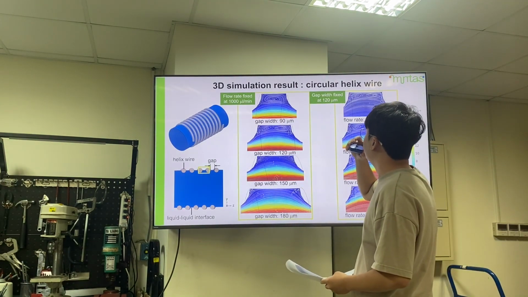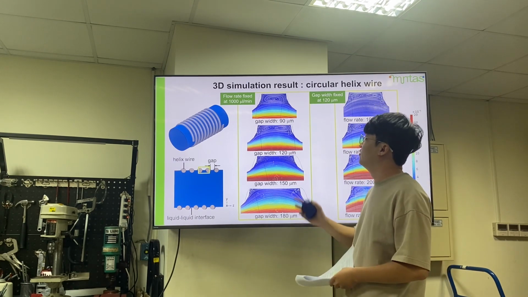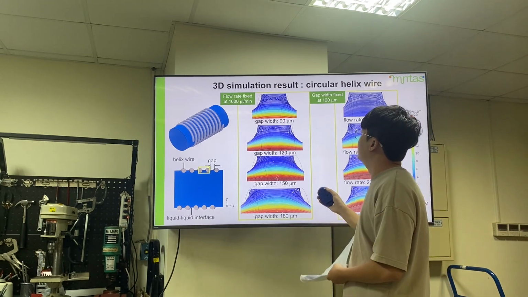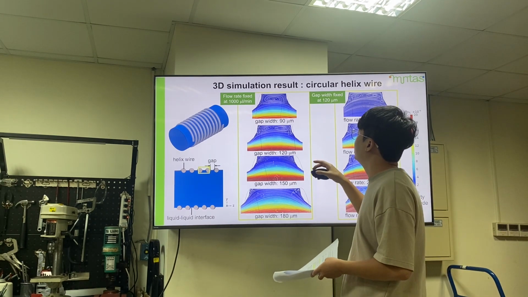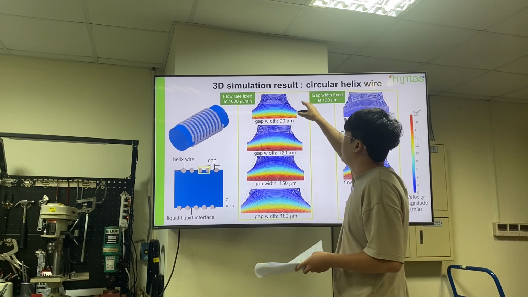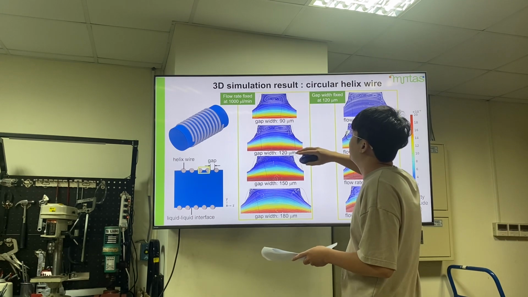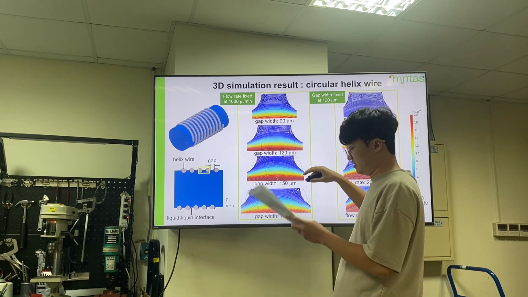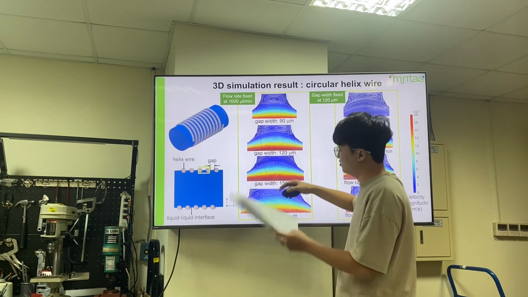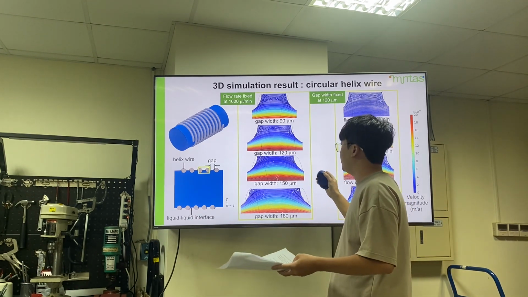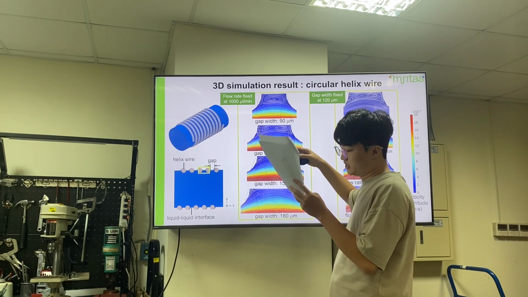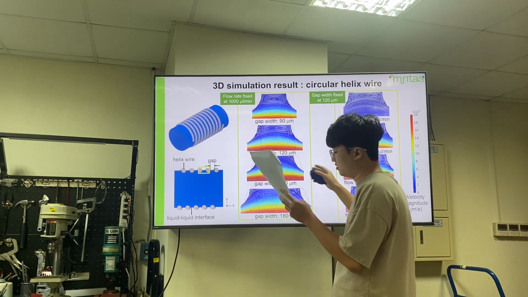For the simulation result, when the flow rate is fixed at 1000 microliter per minute and the gap width is 90 micron, there is a large vortex in the gap, and as the gap width increases to 150 microns, the large vortex will split into two smaller ones.